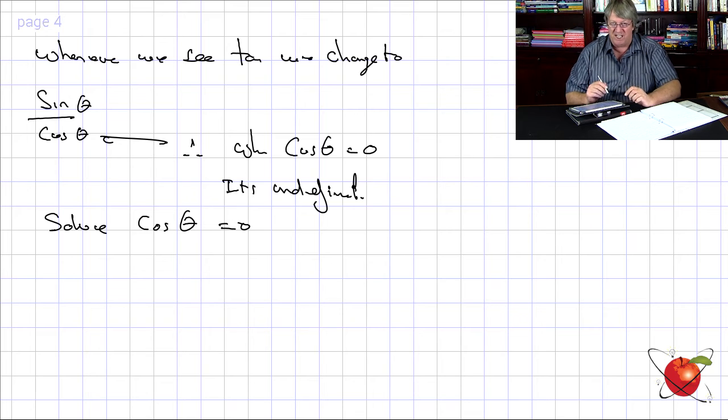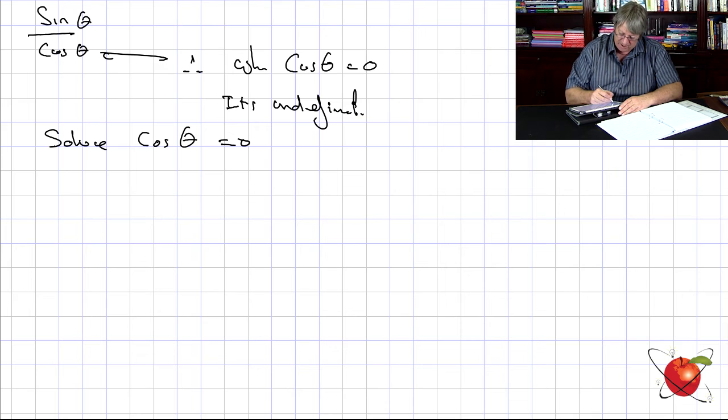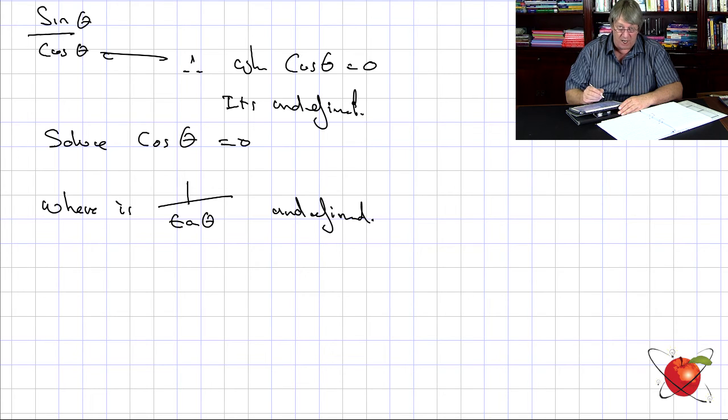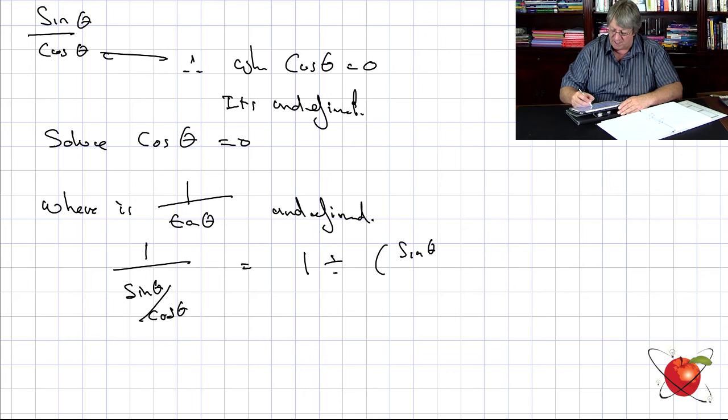So we always watch out for tan, but be careful. Here's an example. Where is 1 over tan theta undefined? You'd say, no, be careful. This is 1 over sine theta over cos theta, which is equal to 1 divided by sine theta over cos theta, correct? Which is equal to 1 times cos theta over sine theta.